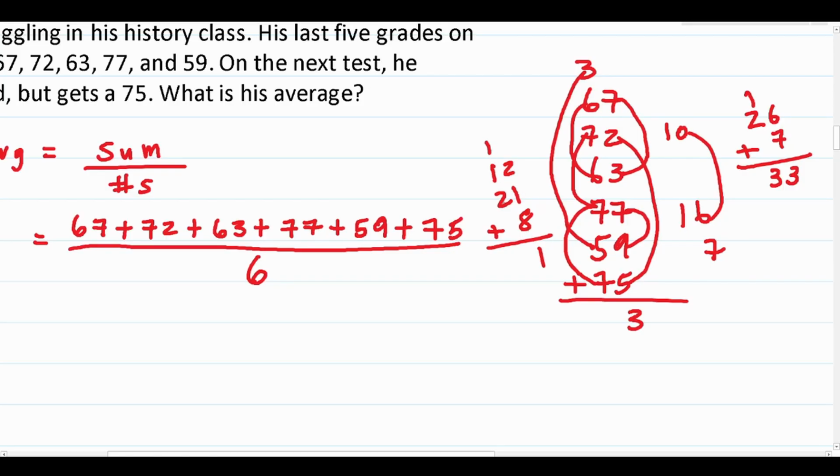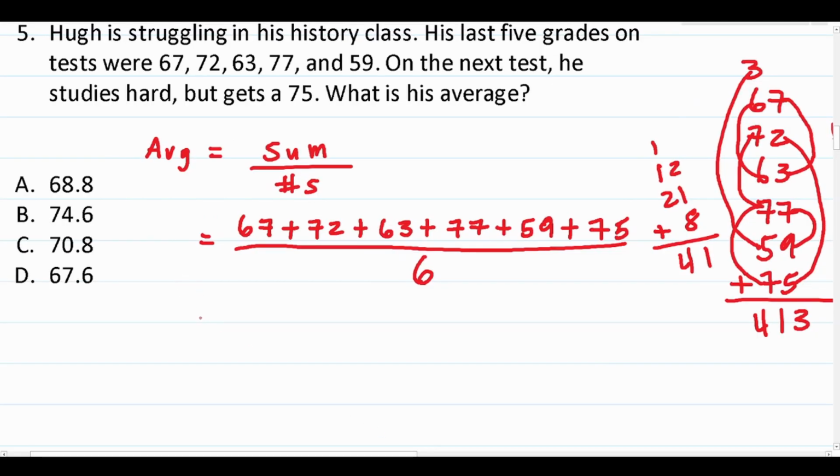So we're going to drop down a 1 and carry a 1. 2 plus 1 is 3, plus 1 is 4. So this is 41. Okay, so we can replace the numerator with 413 divided by 6.